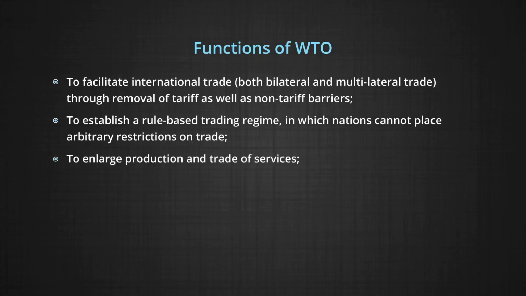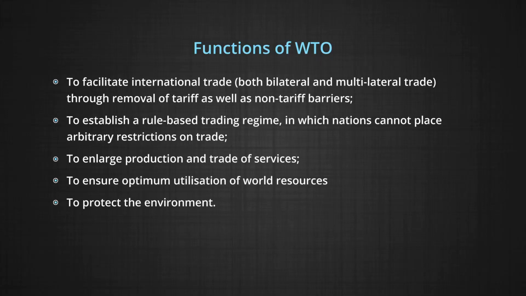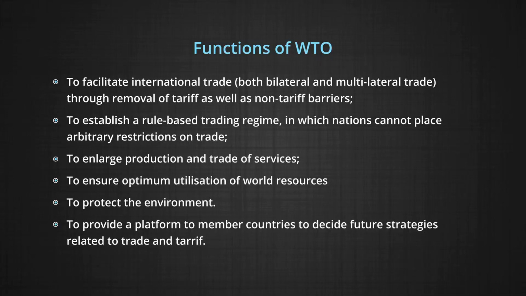Number 3, to enlarge production and trade of services. Number 4, to ensure optimum utilization of world resources. Number 5, to protect the environment. Number 6, to provide a platform to member countries to decide future strategies related to trade and tariff. These are the functions of WTO.